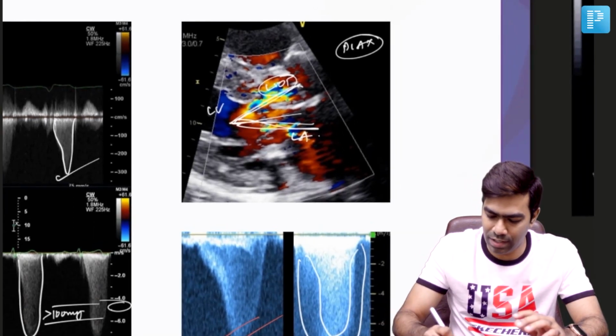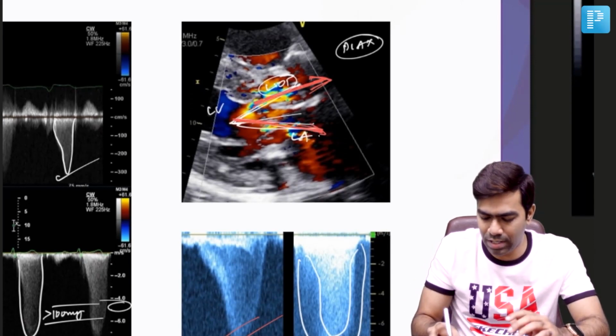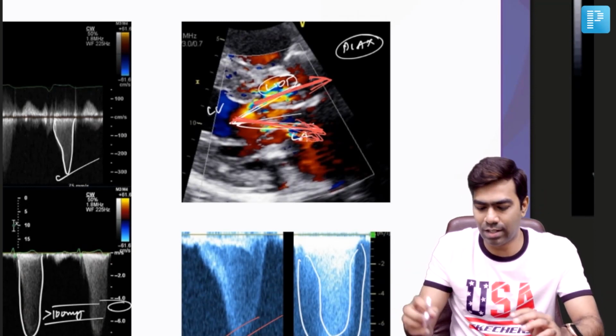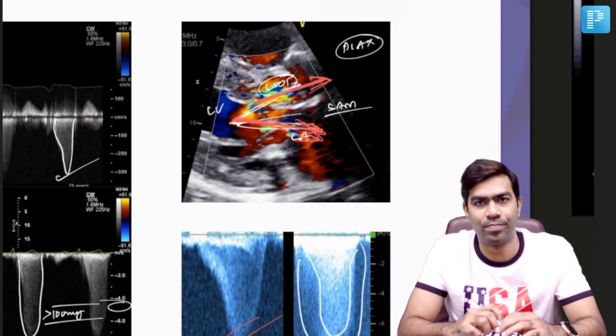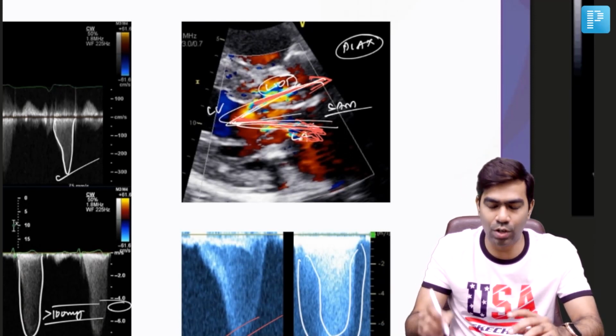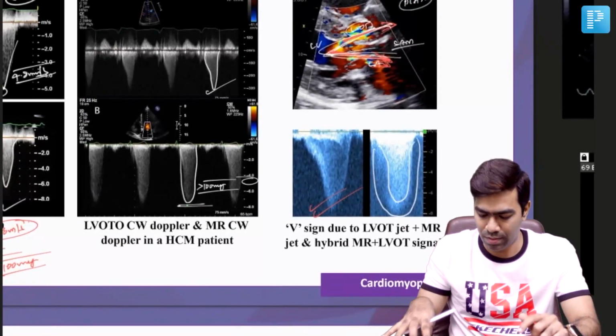The first jet is the LVOT jet that is going from LVOT into the aorta, and the second jet is the MR jet. As you can see, the MR jet in this example is directed posteriorly, suggesting that this MR is basically due to systolic anterior motion of the mitral valve. So this is what we refer to as the V sign. That is commonly seen in the plax view.